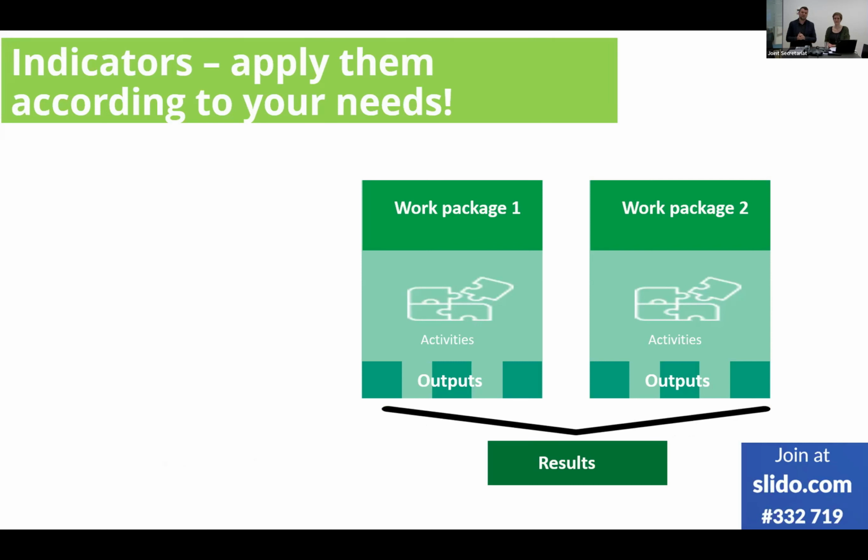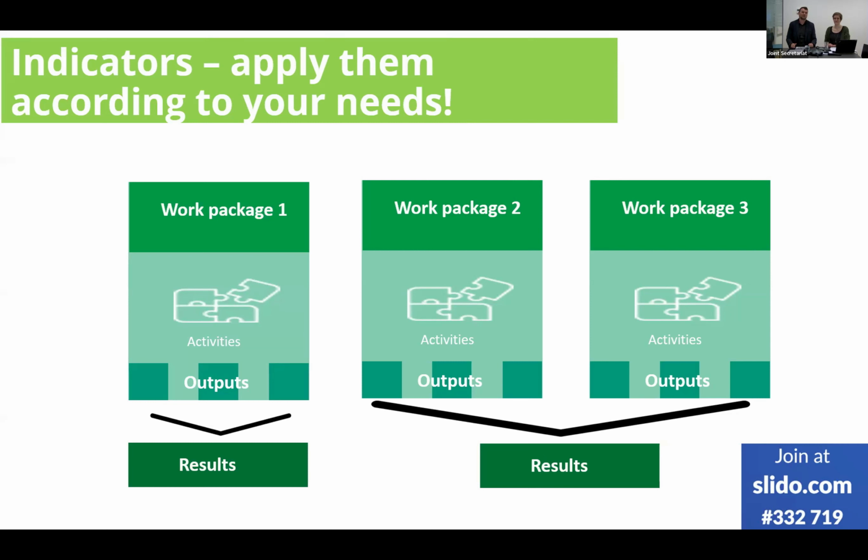Now you can opt for this one. For the sake of simplicity, two work packages creating outputs measured by the same output indicator and resulting in results measured by the connected result indicator. A bit more complex structure could be this model when you have more work packages.